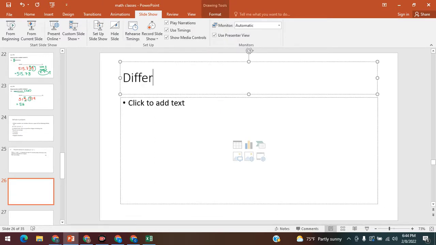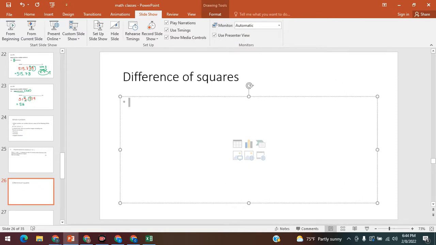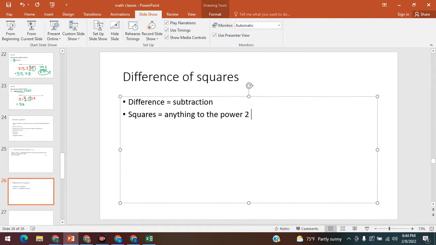Difference implies subtraction, so we know some subtraction is going to be going on. And squares is what? Anything to the power of 2, times itself. Power of 2 because it's a square. A power of 3 is a cube. So squares and difference.